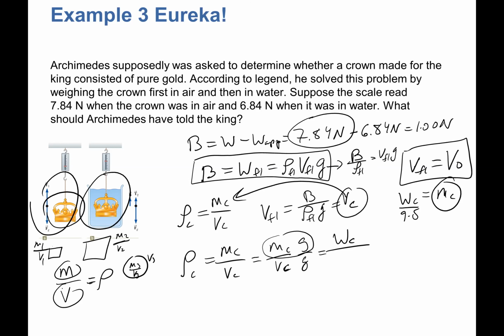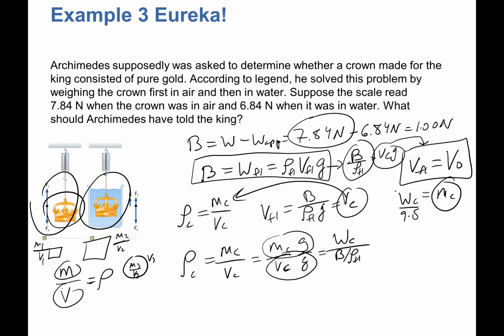And since volume of the fluid is the same as volume of the object, or crown, that means volume of the crown times g is equal to this ratio. That means here, volume of the crown times g can be replaced with buoyant force over density of the fluid. All right. Anyway, so that's one of the ways we can do that.